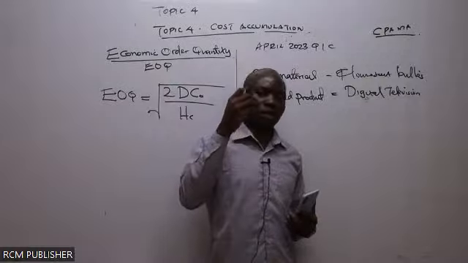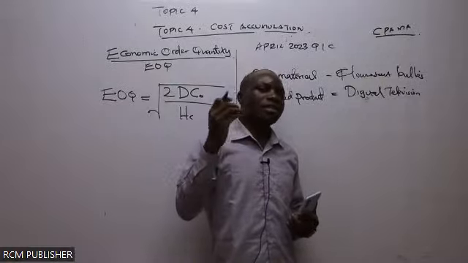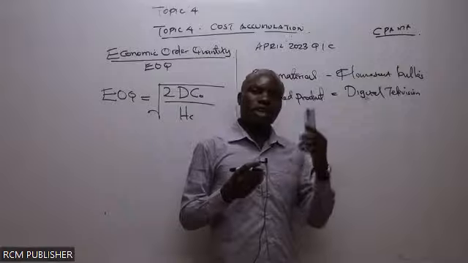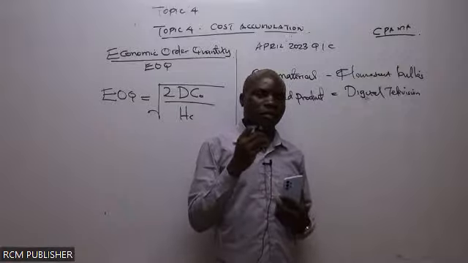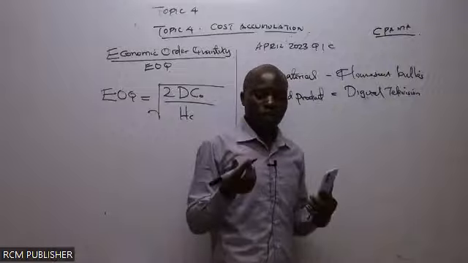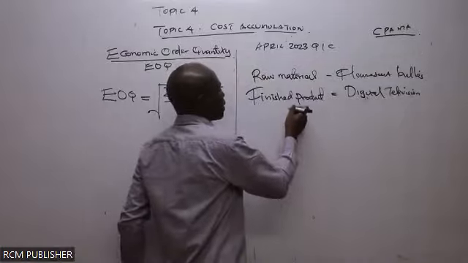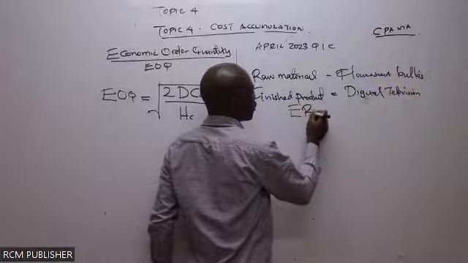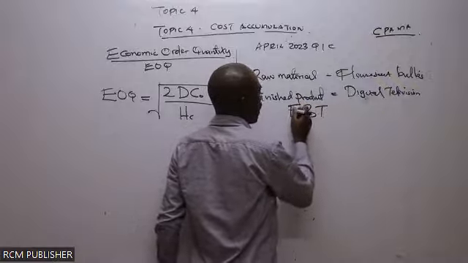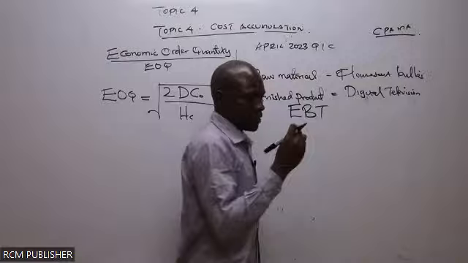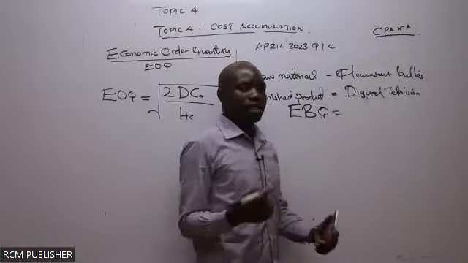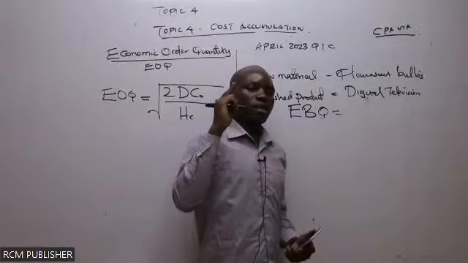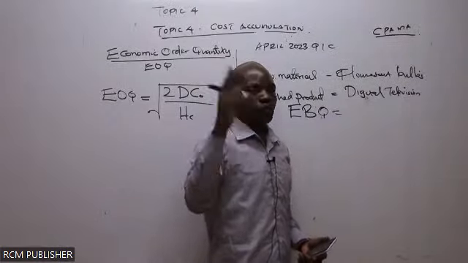They cannot compete within the current technology. So for us to take care of those two factors so that we can harmonize them and operate at a central point, the company applies a concept called economic batch quantity. Are they able to produce in batches so that they minimize the cost per unit of output?